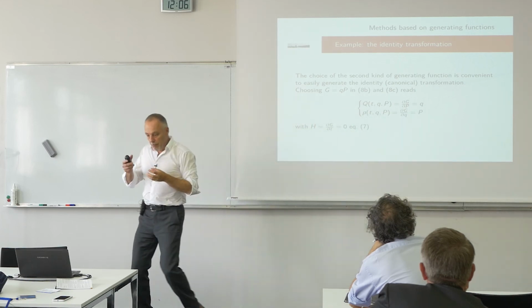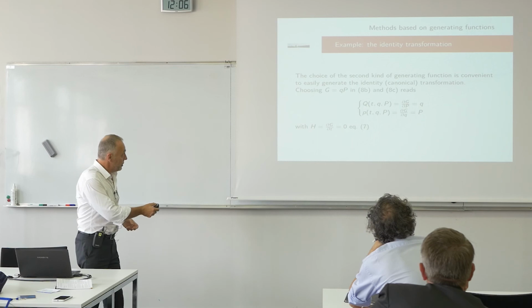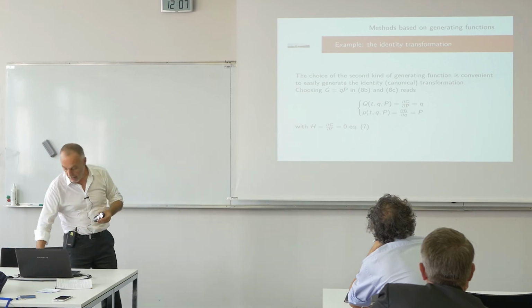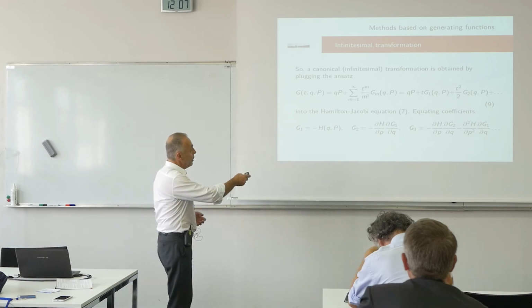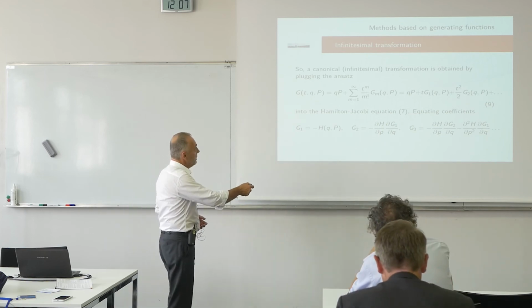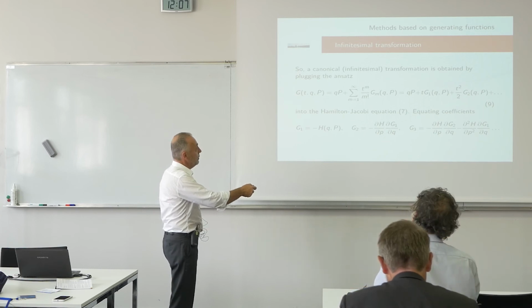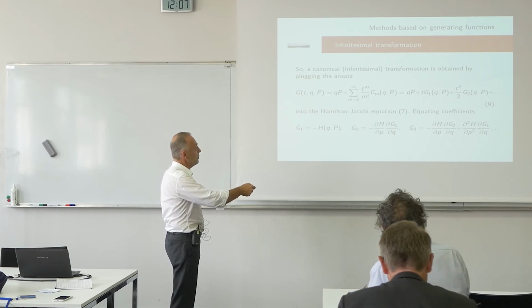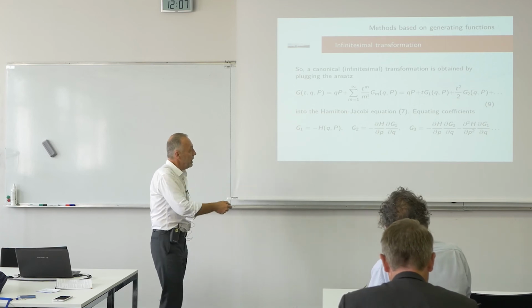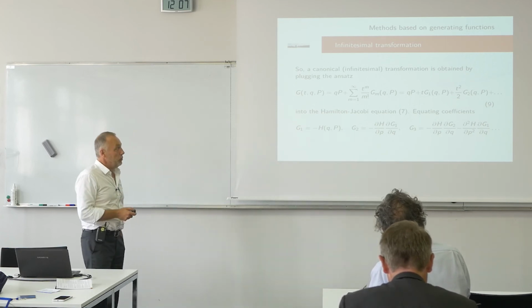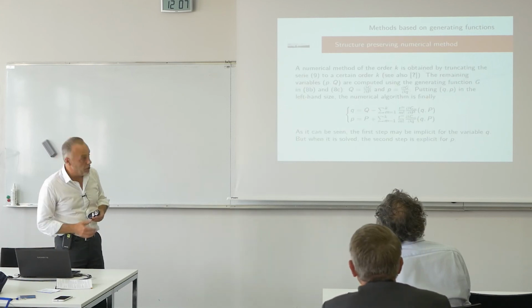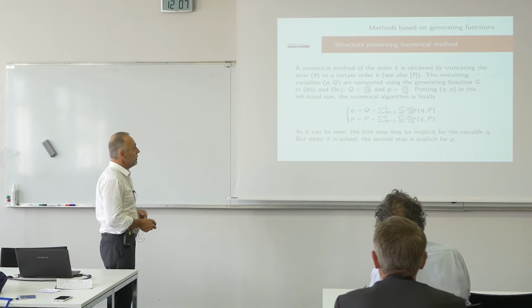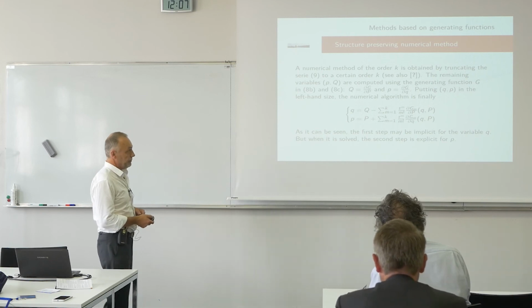If you perturb this generating function, then depending on the number m at which you stop this sum, you can obtain many numerical algorithms. The first one is the well-known symplectic Euler numerical method.